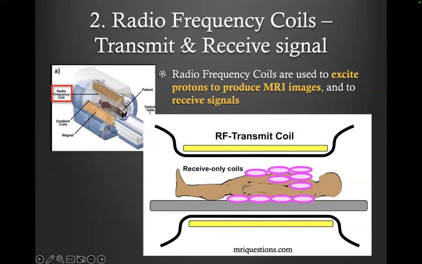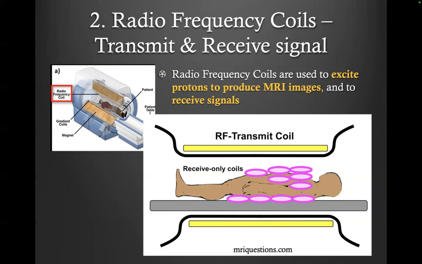Okay, so now let's go to radio frequency coils, which, as I said, are used for transmitting and receiving signals. Typically you have a body coil, which is lined inside the plastic shielding that the scanner has. But often you have other coils, like head coils, body coils, and spine coils, that are placed right next to the anatomy for acquisition.